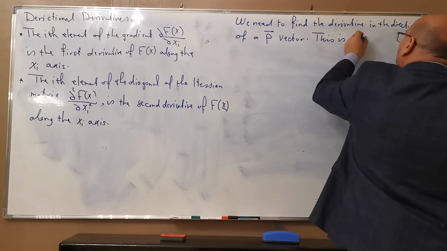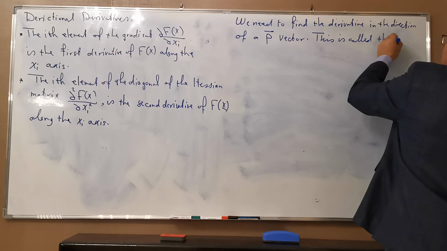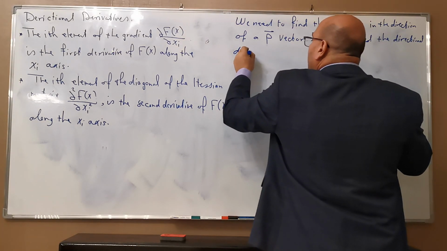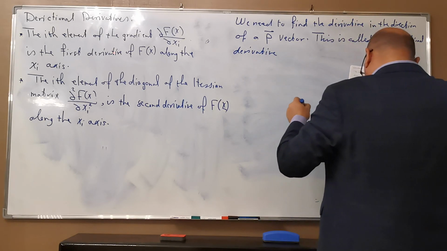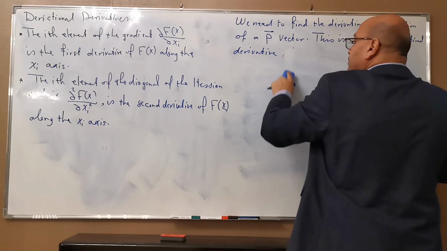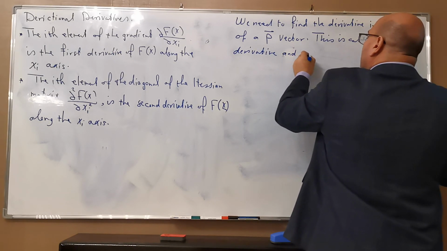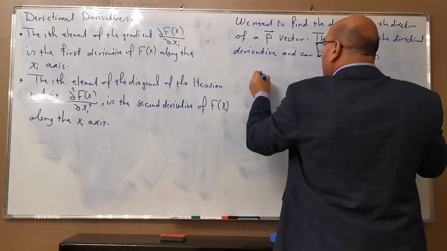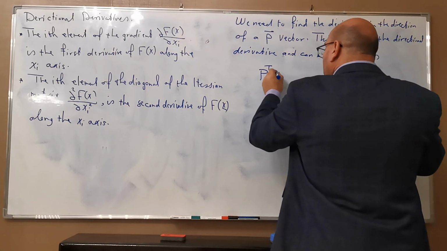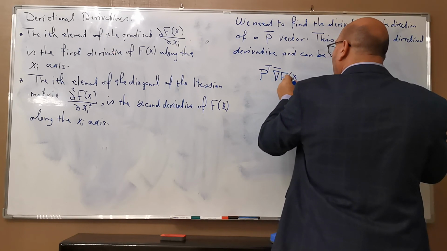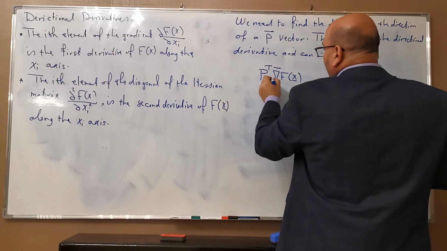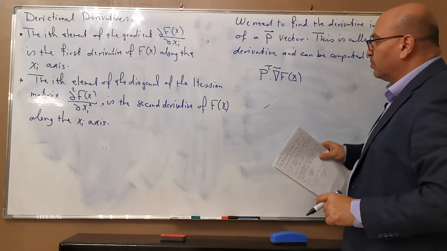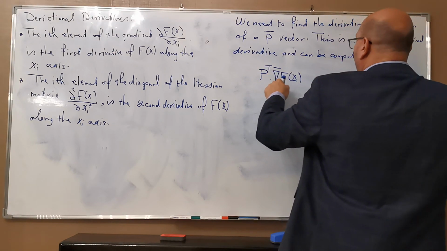This is called the directional derivative, and it can be computed as p transpose the gradient of f of x. So it's the inner product of p with the gradient of f of x. You do the inner product between the vector p and the gradient, and you end up with the derivative in the direction of p.